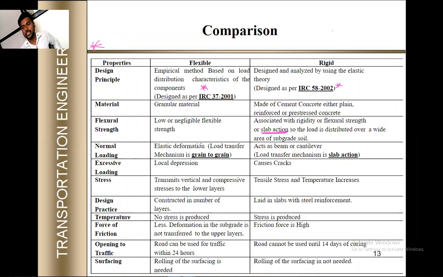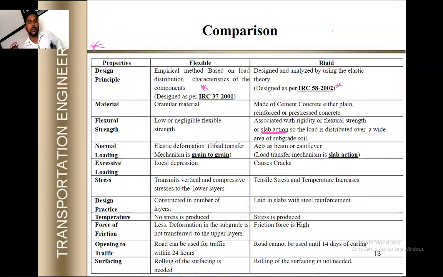Normal loading: elastic deformation in the flexible pavement, and in the rigid pavement there will be beam or cantilever action to transfer the load. Means what? In the flexible pavement, the load transfer mechanism is grain to grain, from one point of material to material, the load will be transferred to the subgrade.